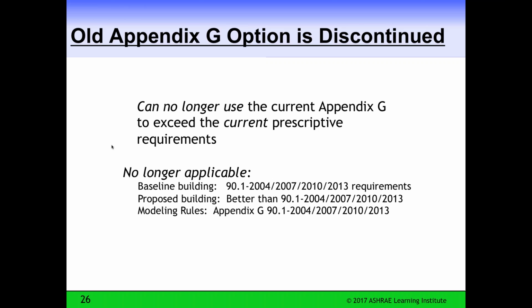It used to be that Appendix G was only used for doing better, but it now can also be used for compliance. But you can no longer use the old procedure of comparing the prescriptive and mandatory requirements in the current version against your proposed design. We're now using a baseline of the 2004 version of the standard with an adjustment back to the current version.